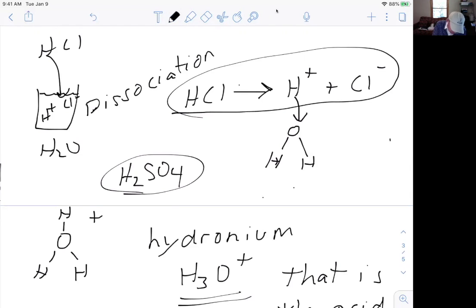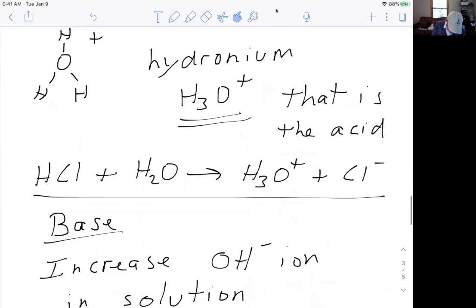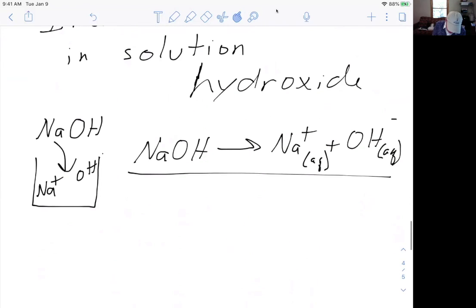What do you notice about those two? They're both acids and they both start with H. That's an acid. What are the bases? What can you notice about the base? Well, check this out. Anything that ends in OH is going to be an Arrhenius base. So we could have something like LiOH.